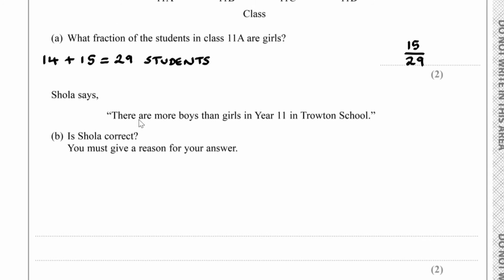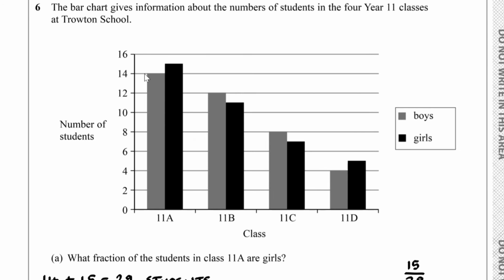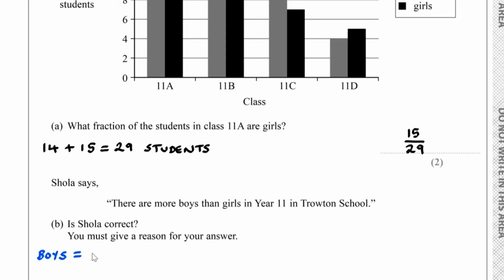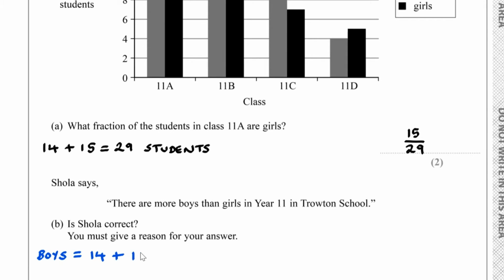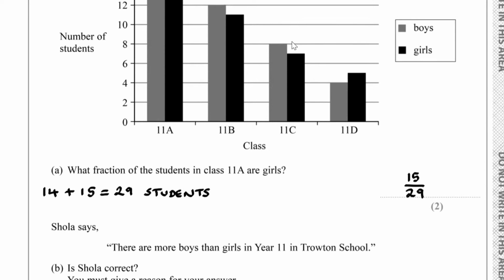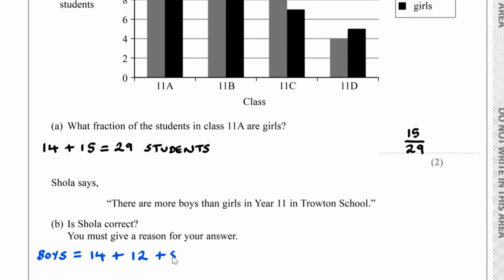Then Shola says there are more boys than girls in year 11 in Thornton School. Is Shola correct? You must give a reason for your answer. Well, what we'll do is we'll first of all find out the number of boys and then the number of girls. So for the number of boys, we've got 14 plus 12 plus 8 plus 4. So there's 38 boys.